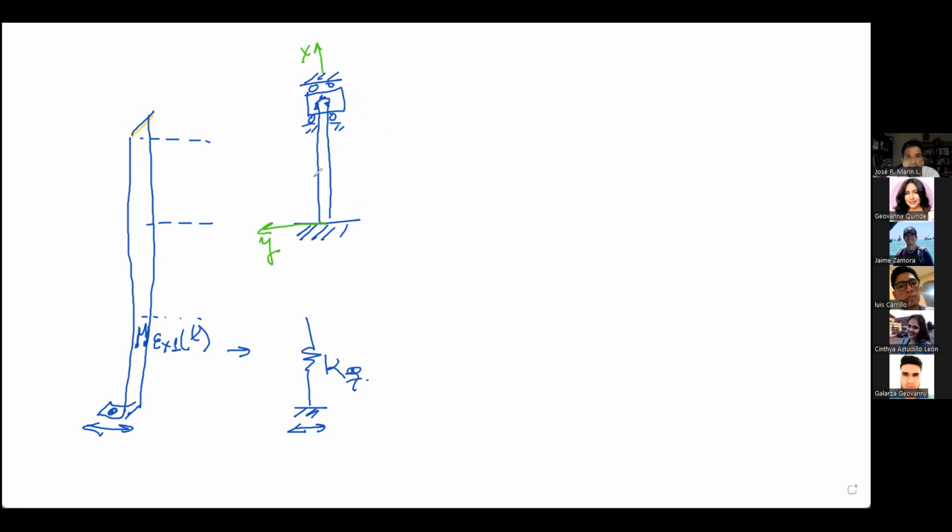Okay, so to calculate the stiffness, what you have to do is apply a force here, okay? And this is going to deform like this. Here, since it is welded to this little square that moves in the horizontal direction, there is no slope, okay?